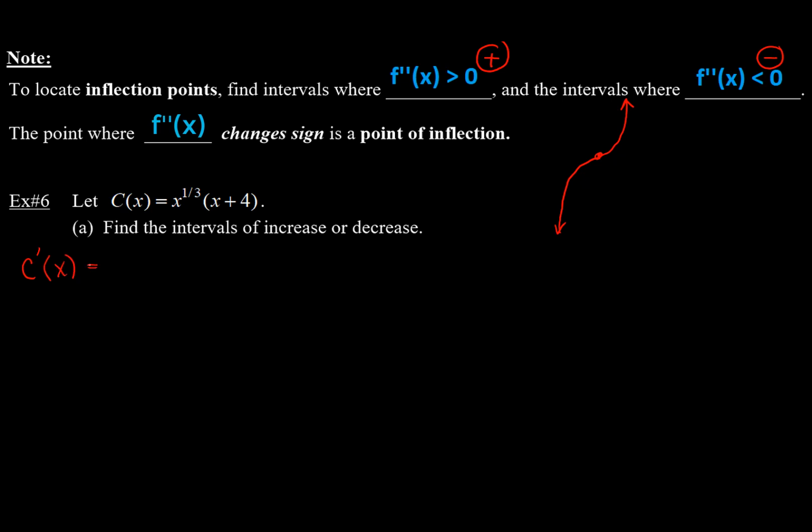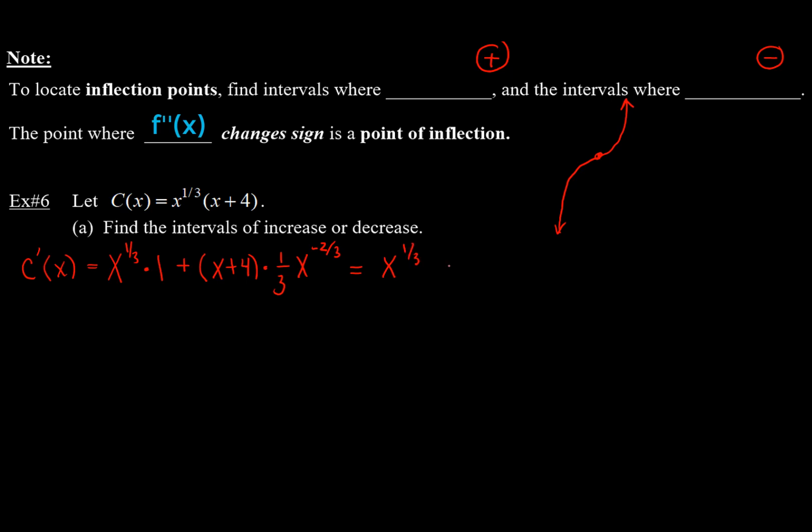So C prime of x. I'm going to have to use the product rule. So I'm going to have the first times the derivative of the second plus the second times the derivative of the first. All right, so let's go ahead and simplify this.